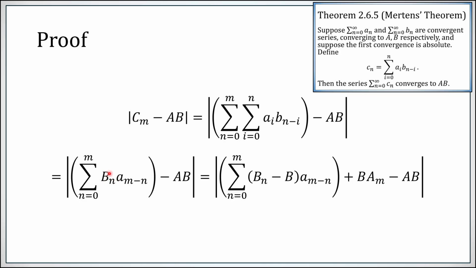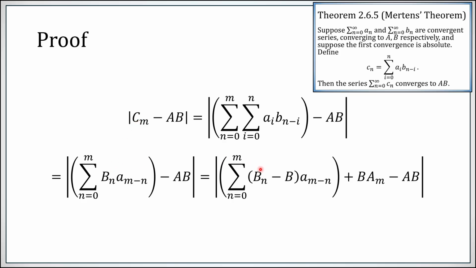But this does stop at index little n, meaning this now accounts for all little a times little b where the subscripts add up to, at most, capital M. And that goes as n goes from 0 to m. So we have accounted for all little a times little b where they have indices that add up to, at most, m. That's exactly what we started with here.